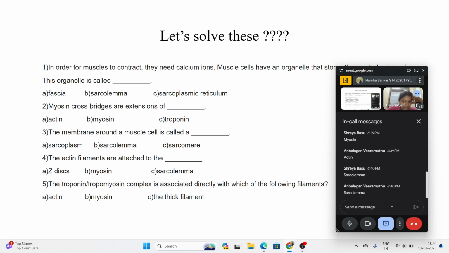Good, correct answer. Actin filaments are attached to dash. Option A is Z disc, option B myosin, option C sarcolemma. Where is the actin filament attached? Is it Z disc, myosin or sarcolemma?